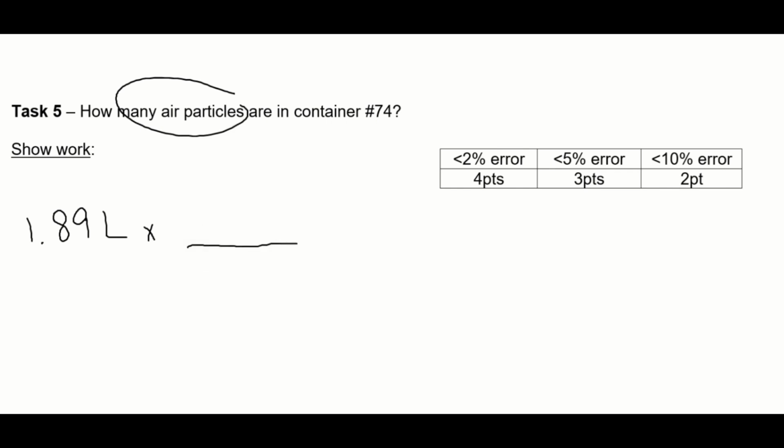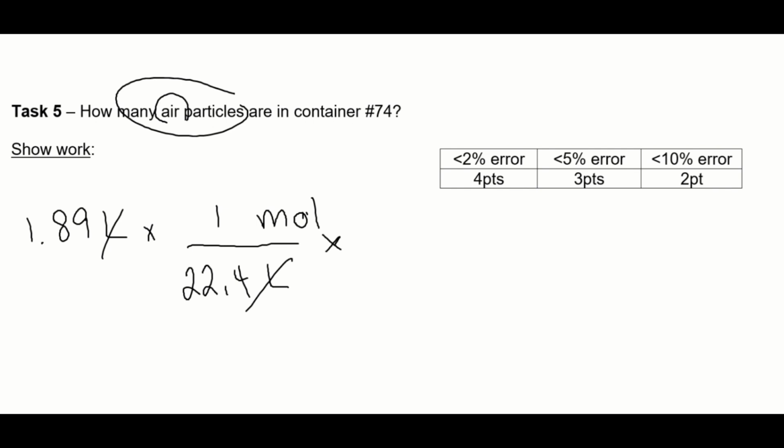We don't have a conversion factor going directly from volume to number of particles, so we'll take that to moles. We do have a conversion factor for gases, which is air particles. And we're close enough to STP that you didn't have to worry about that. The conversion factor is: 1 mole of any gas at STP takes up 22.4 liters of volume.